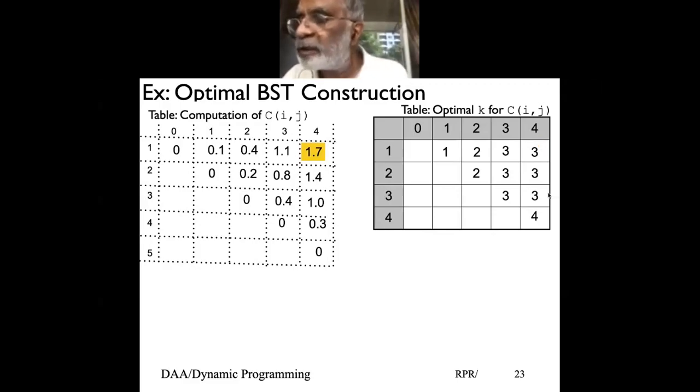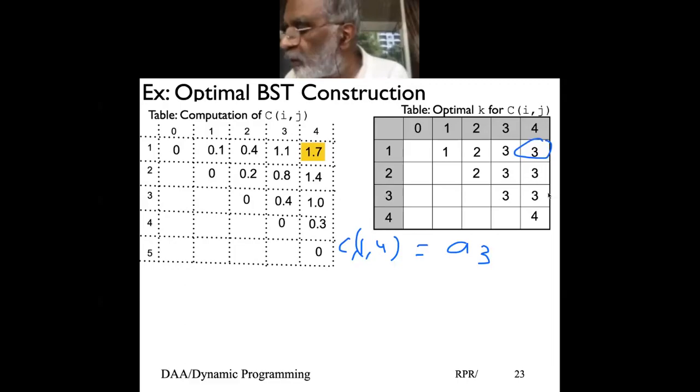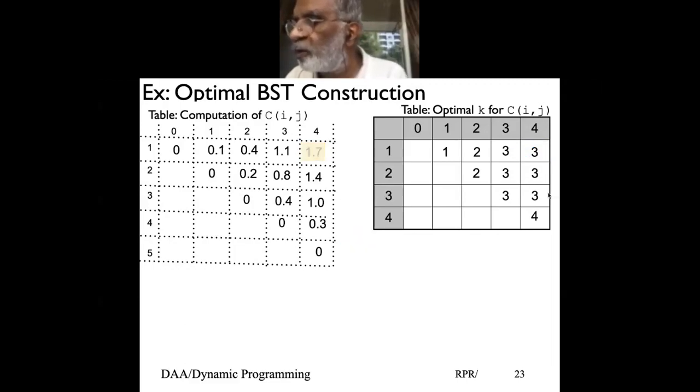That means for C14, my root has to be A3, key number 3, because 3 comes from here. And that is how we make use of this. So for C14, my root has to be 3, which is node C.